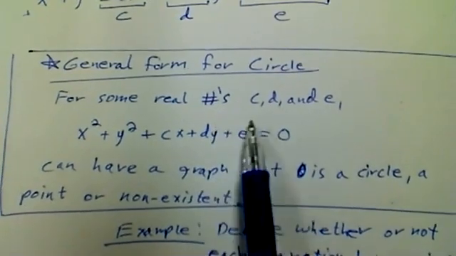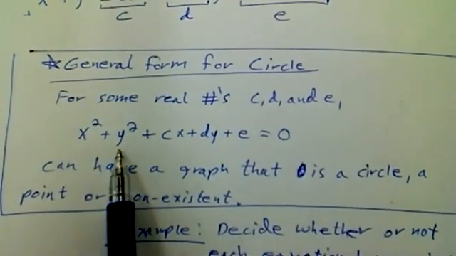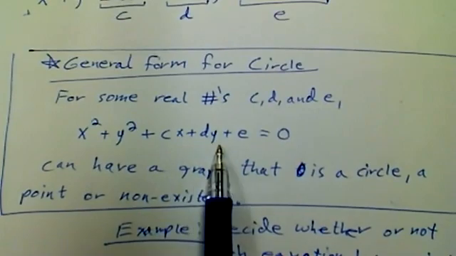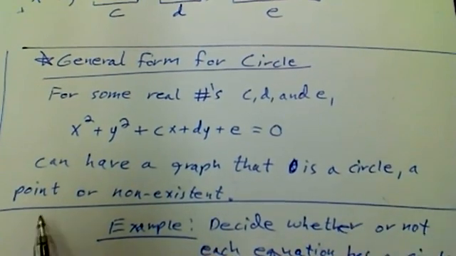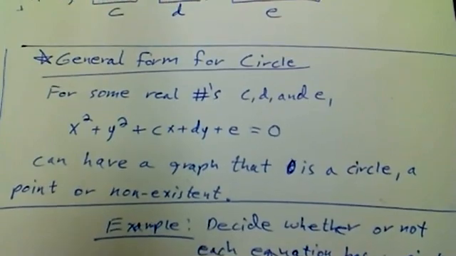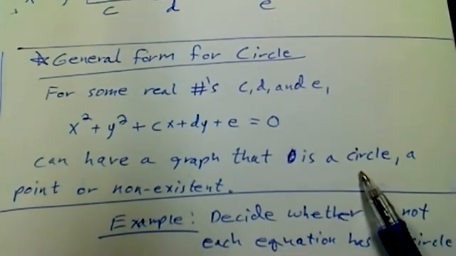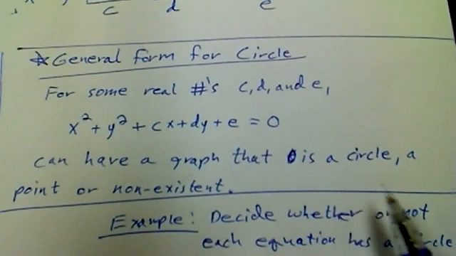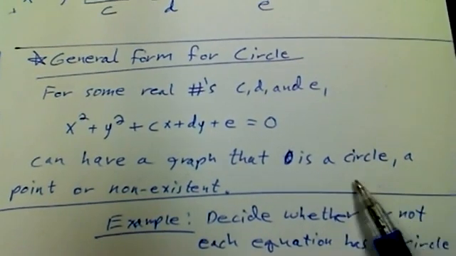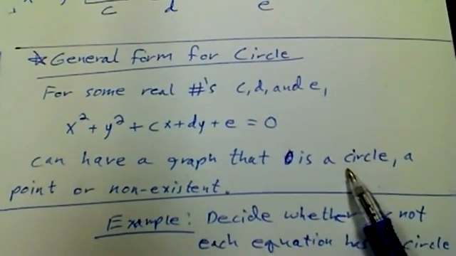For some real numbers c, d, and e, x squared plus y squared plus cx plus dy plus e is equal to 0. And this can have a graph that is a circle, a point, or it can be non-existent. You're going to get a circle when your radius is positive.